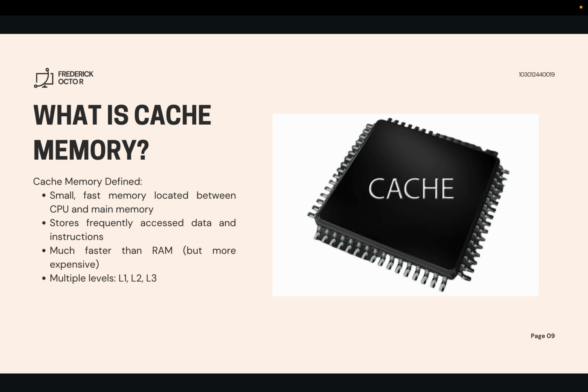It temporarily stores frequently accessed data and instructions, providing much faster access times. Most modern systems implement a hierarchy of caches like L1, L2, L3, decreasing in speed but increasing in size as you move further from the CPU.